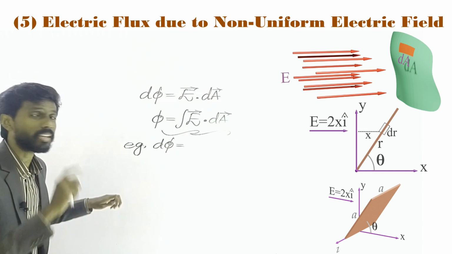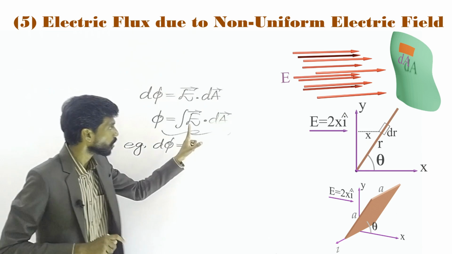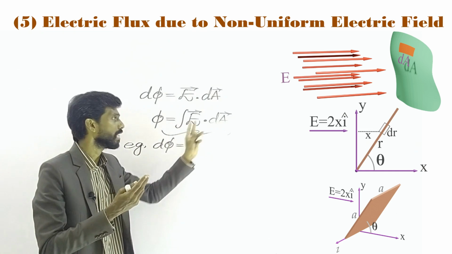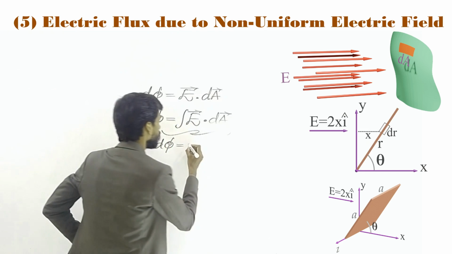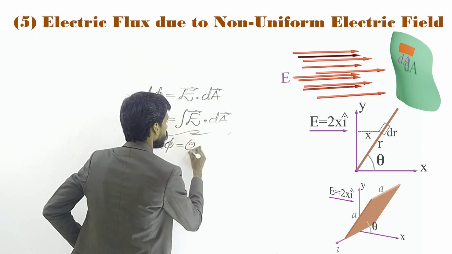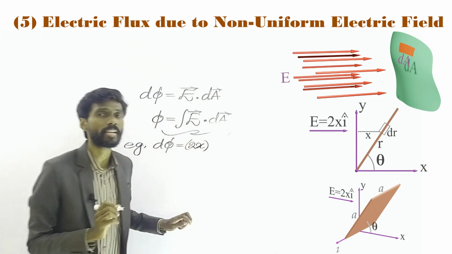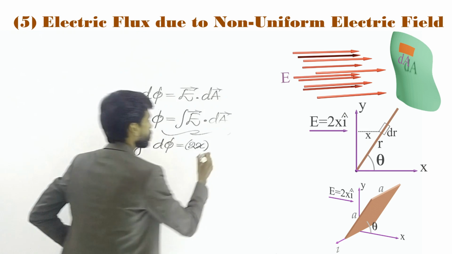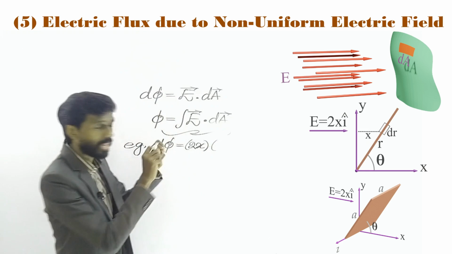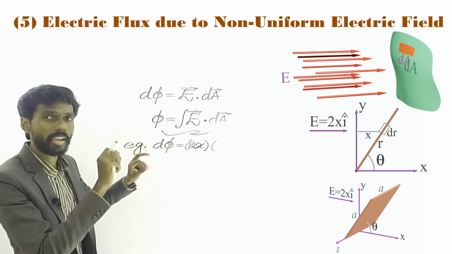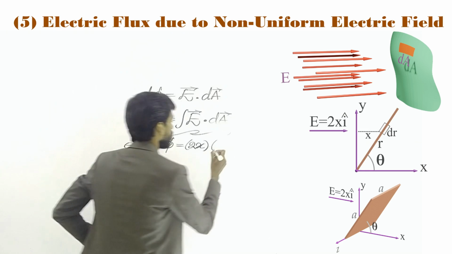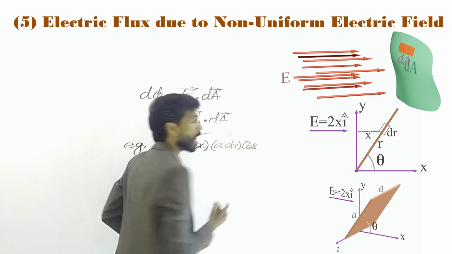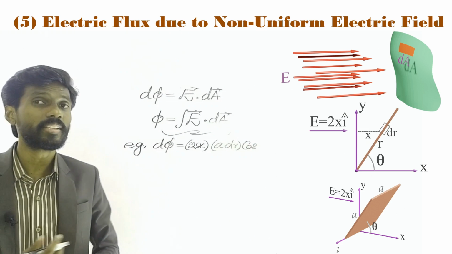Now we also need the angle. What is the formula for d phi? E vector dot dA vector, or E dA cos theta. E here is 2x, taking the magnitude, multiplied by the area, which is length multiplied by breadth, A dr, multiplied by cos of the angle between the area vector and the electric field vector.